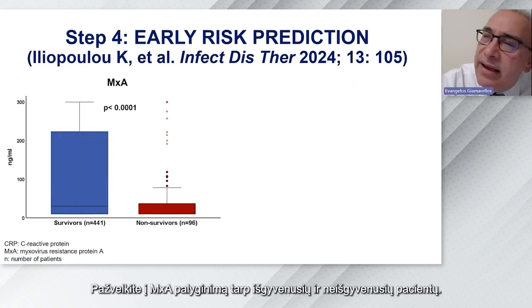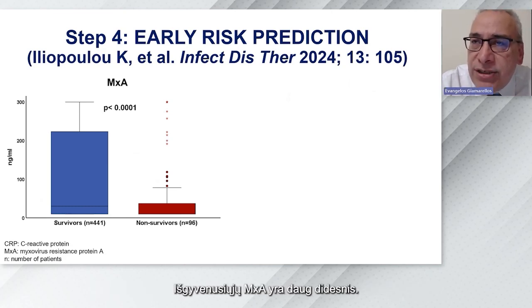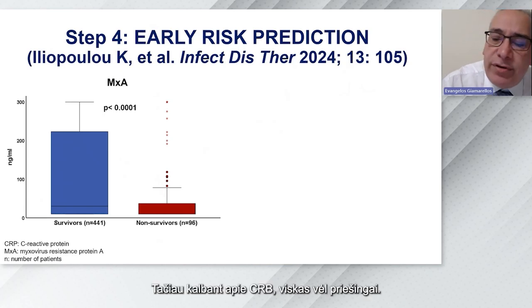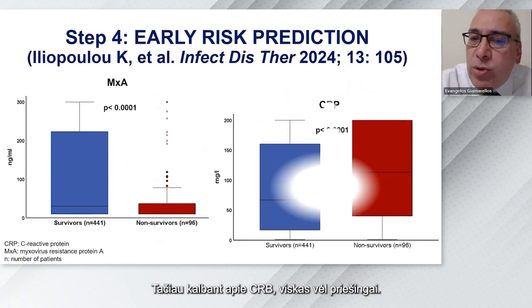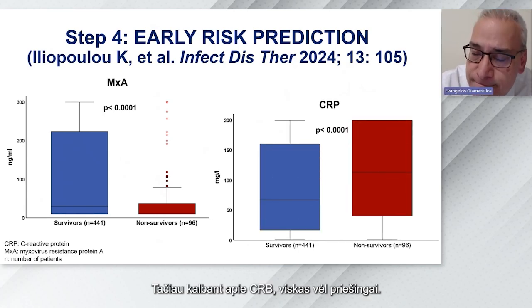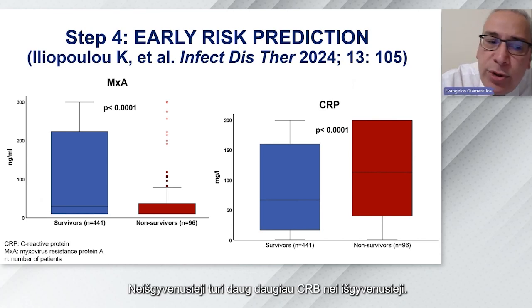Look at the comparison of MXA between survivors and non-survivors. MXA is much higher in survivors. But when it comes to CRP, it is again the opposite. Non-survivors produce much more CRP than the survivors.